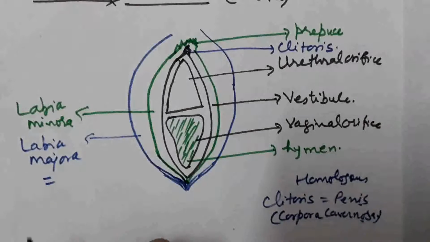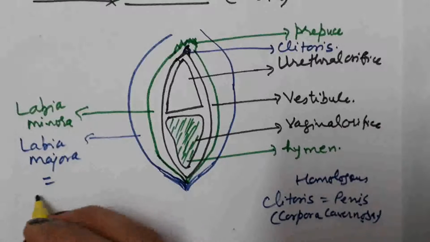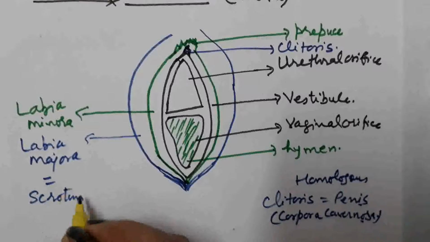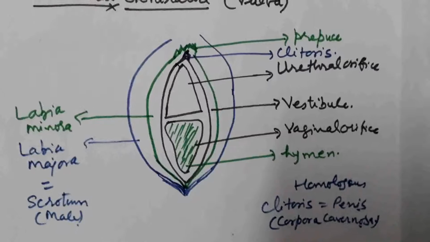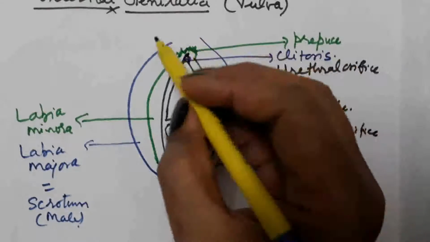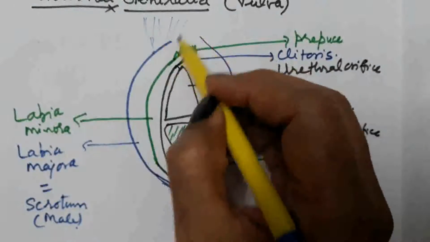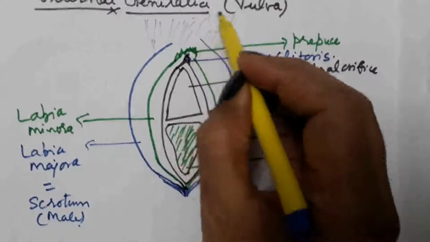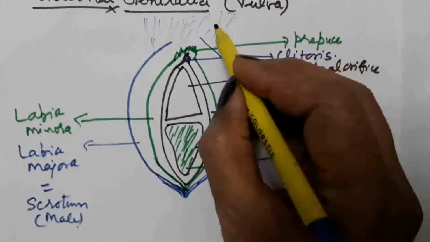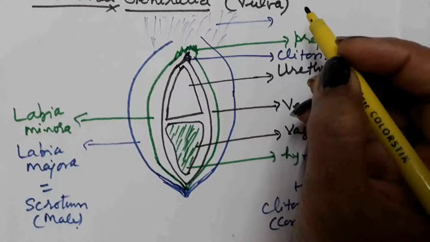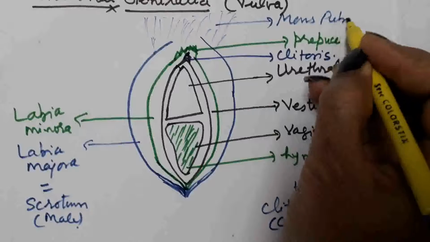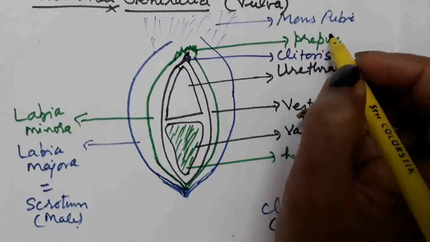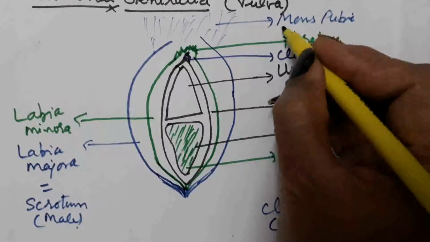This labia majora is homologous to the scrotum. Above the vestibule region there is an elevated skin area, which we call the mons pubis, and in this area there is pubic hair.